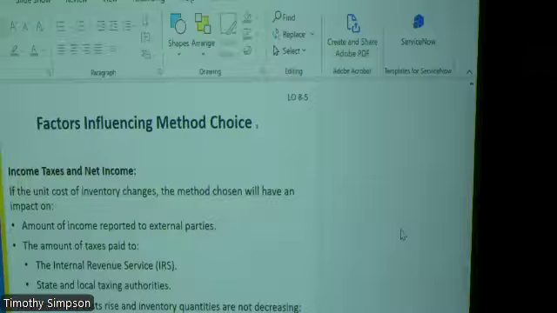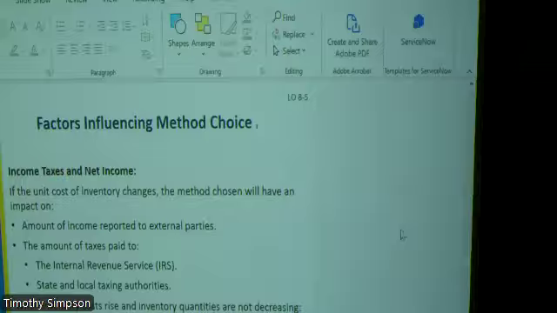So one of the big issues is net income. If the cost of inventory changes, the method that we choose really impacts the amount paid in taxes. When we talk about LIFO in particular, the major advantage by far is the cost savings in terms of tax liability, because what LIFO does is essentially reduce net income, and as a result, reduces the tax liability.